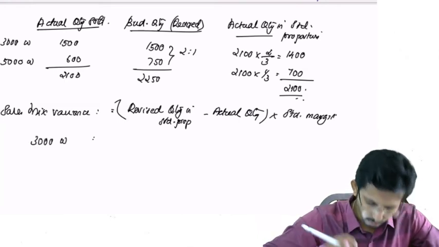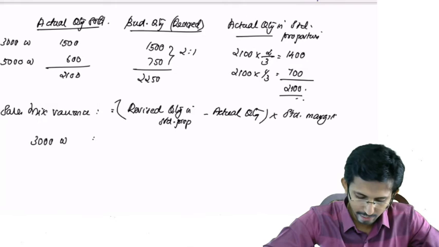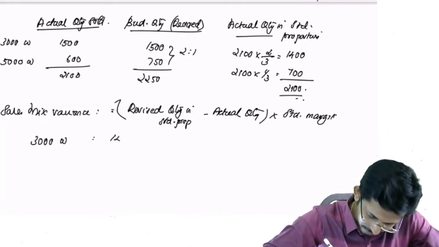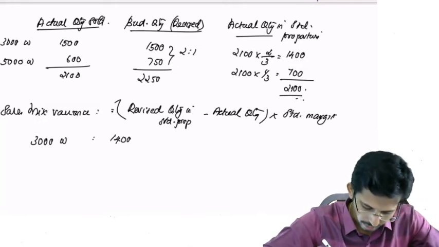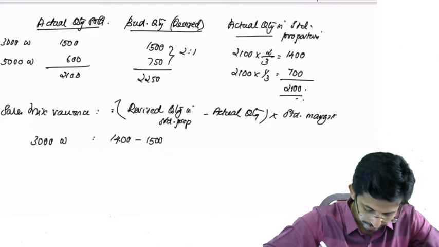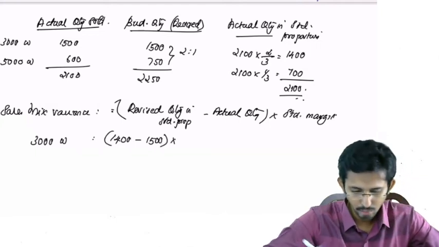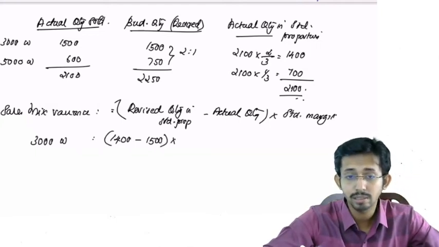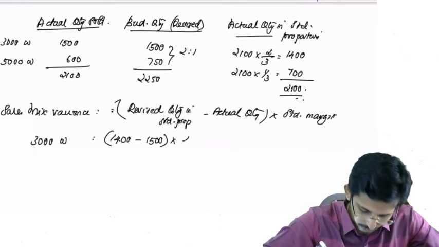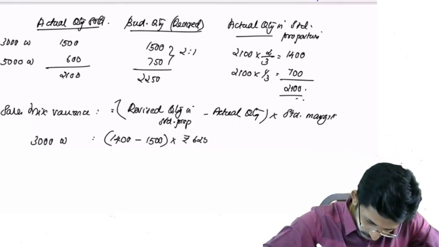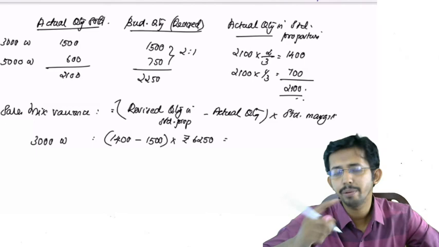Start with 3000 watt. What is the revised quantity? 1400. 1400 minus 1500 into the standard margin, standard 6250. Will it be favorable or unfavorable?